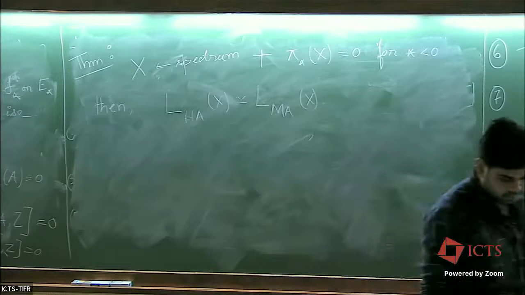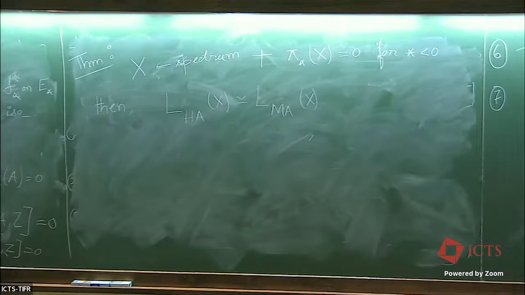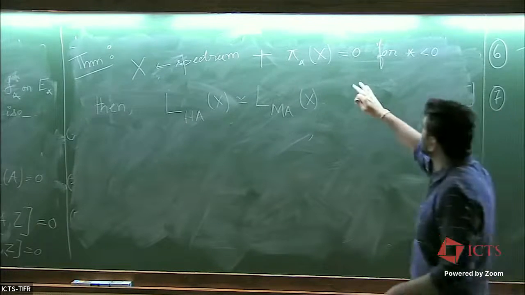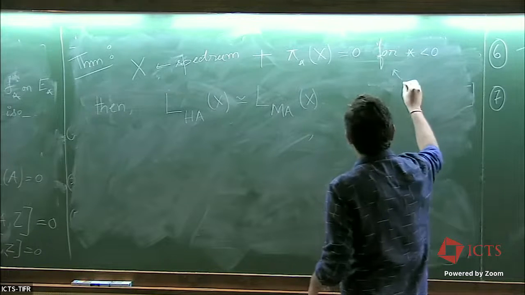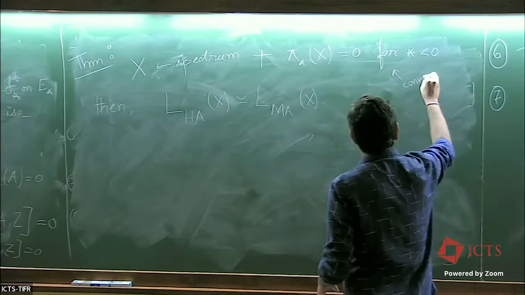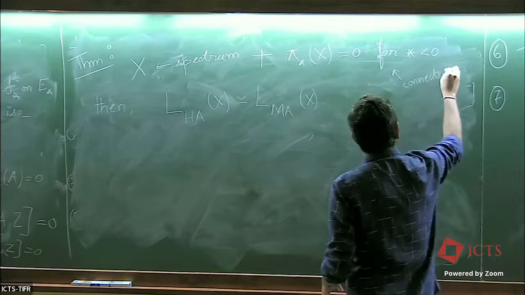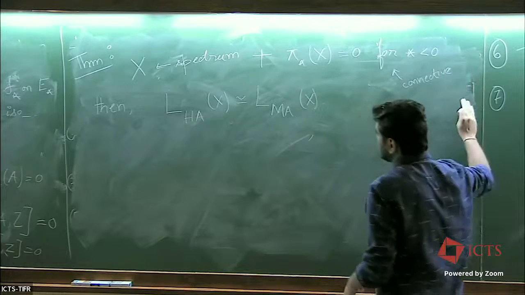So this in fact says that instead of localizing with respect to Eilenberg-MacLane spectra, we can localize with respect to Moore spectra, and on such objects, which are called connective spectra, they do agree.